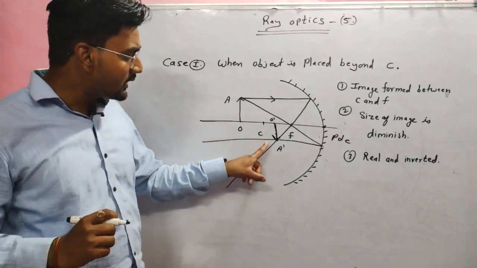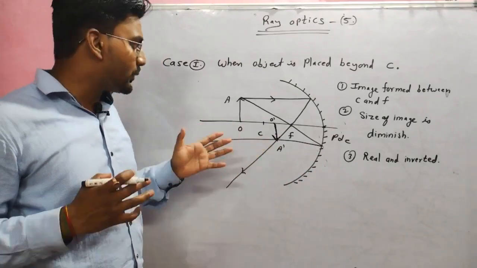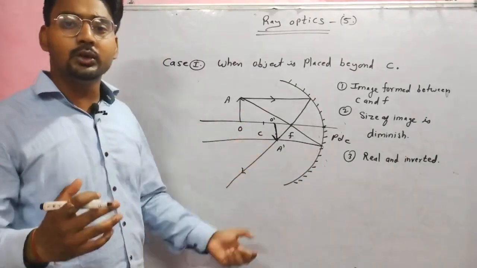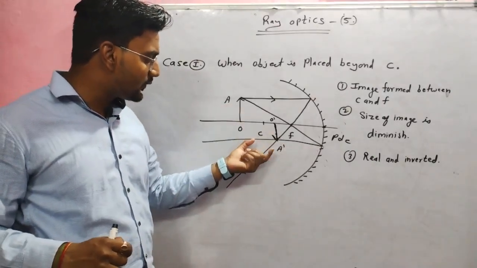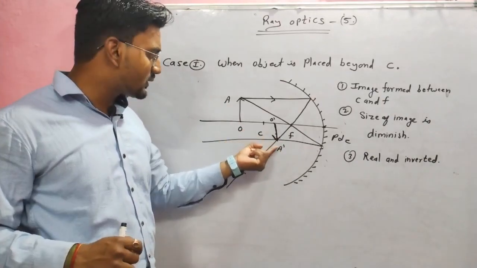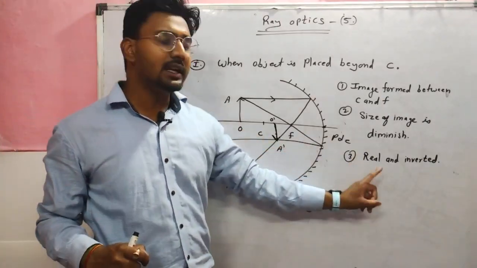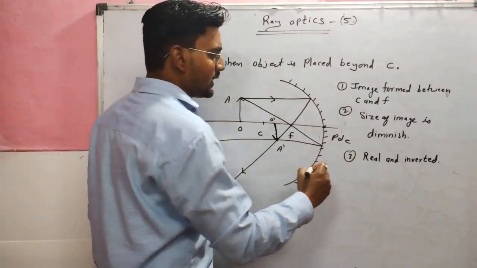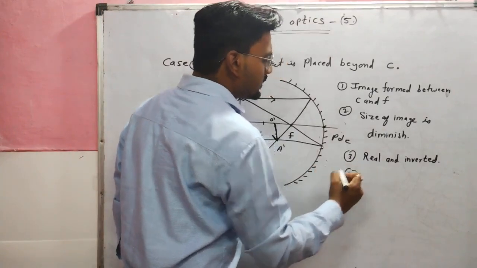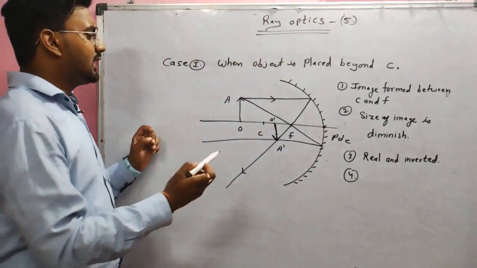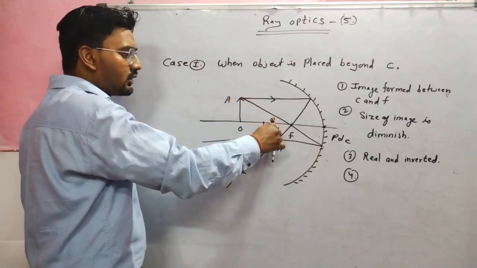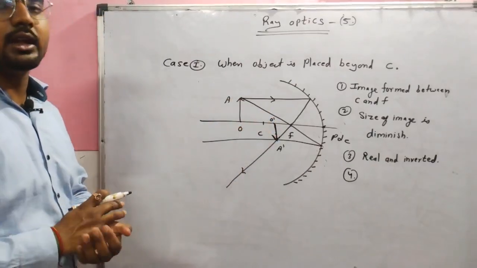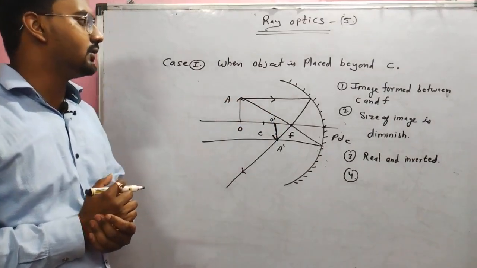And here we do not need to produce them backward and we do not need to make them meet. So here we see that the light rays after reflection automatically meet at some point. So we say that this is our real image, and we know that a real image is always inverted, and here is the object and the image is inverted. So we say that the image formed is real and inverted.